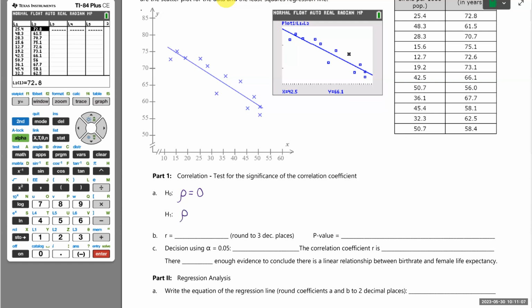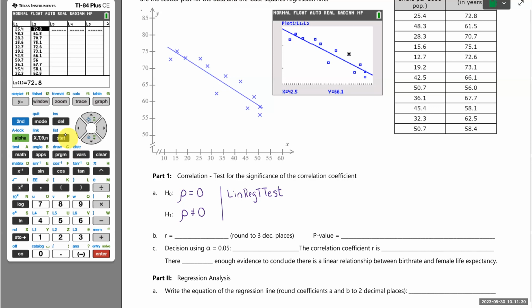And the alternative hypothesis is rho is not equal to 0. All right, and so to test for the linear relationship evidence between the two variables, we run our linear regression t-test.